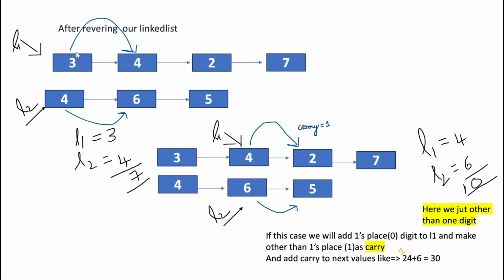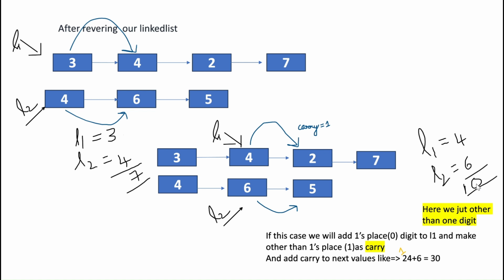Simply update here in L1's 3 place, we get 7, and we just simply move. We completed our operation in this node, right? In both lists, we completed the operation in this node. We simply move our pointers to next. So they are here right now. And now we apply our addition operation, that is 10.